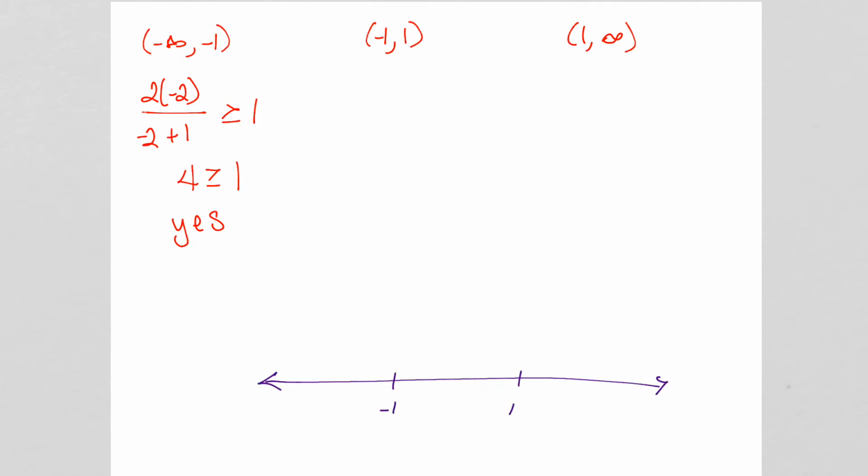For our second interval, let's use 0. Make it easy if we can. Is 0 greater than or equal to 1? No. And last, 1 to infinity, let's use 2.